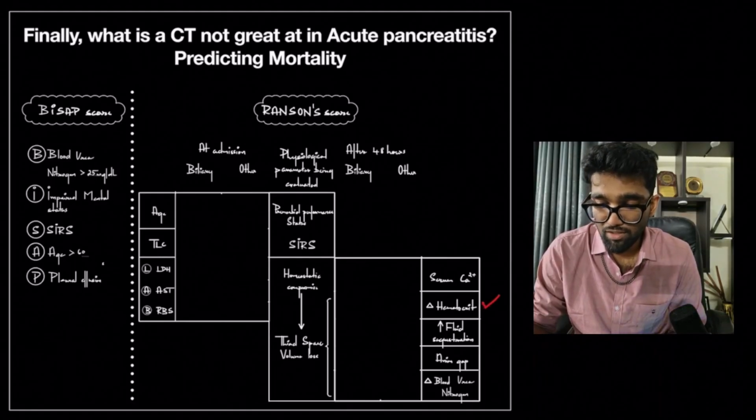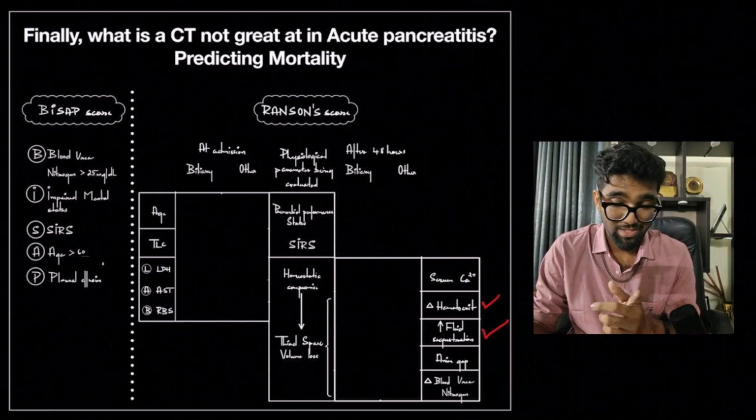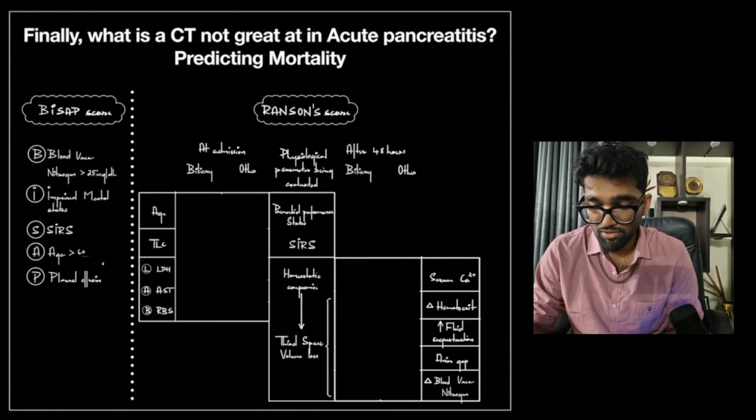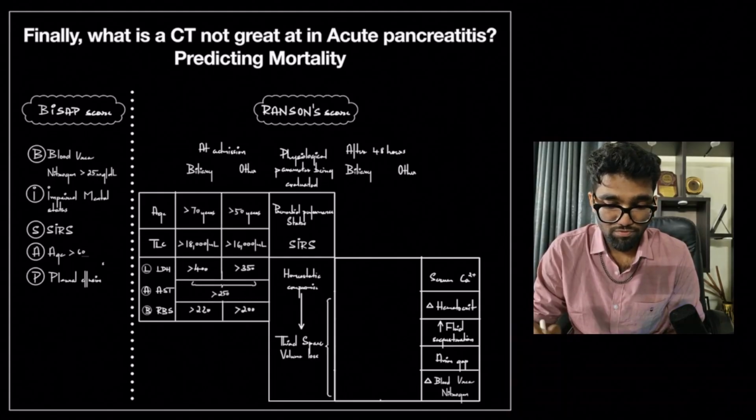Then we have an elevation in hematocrit, fluid sequestration on imaging other than for CT, anion gap, and delta urea nitrogen values. So the cutoffs are as such.